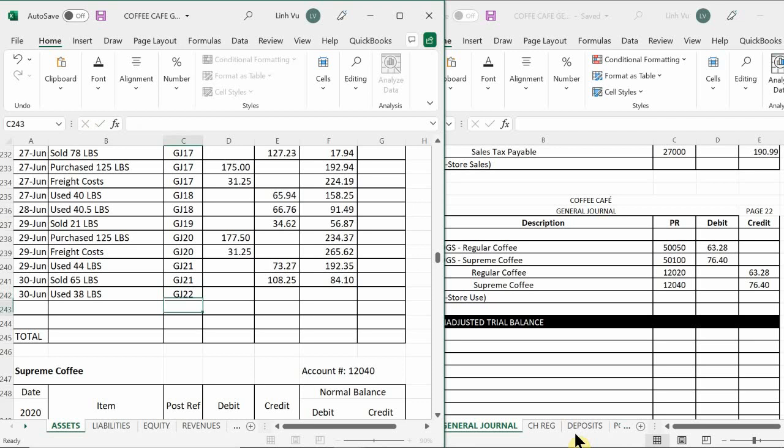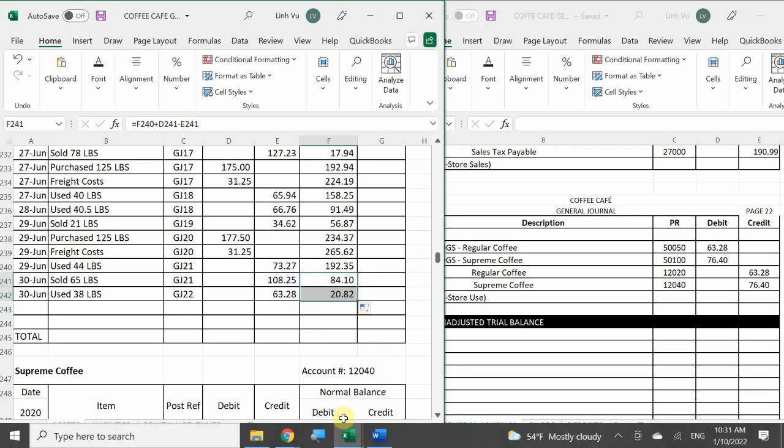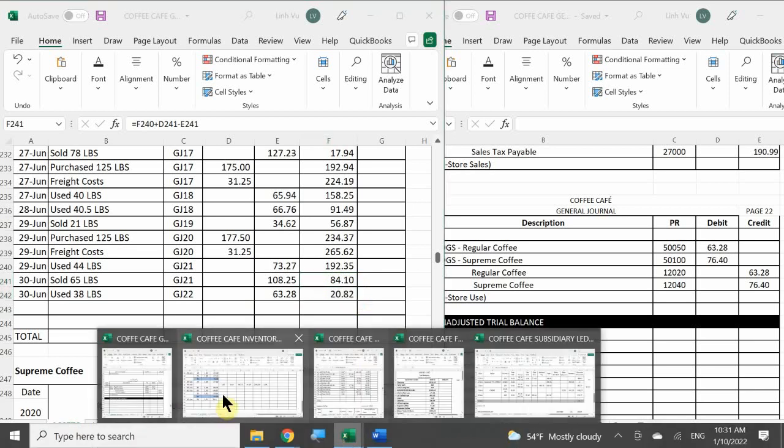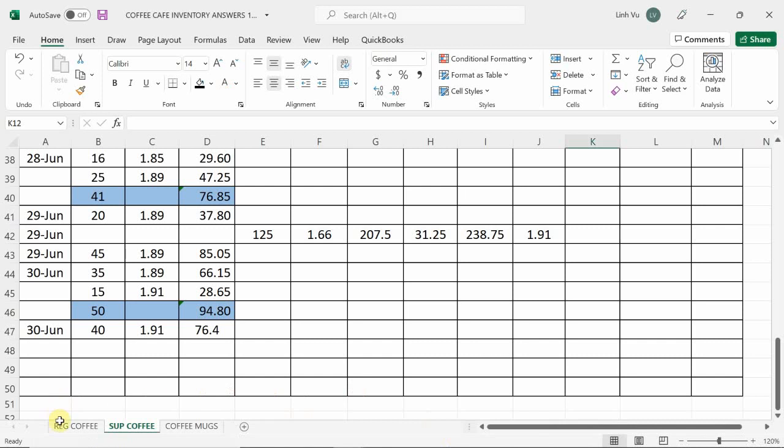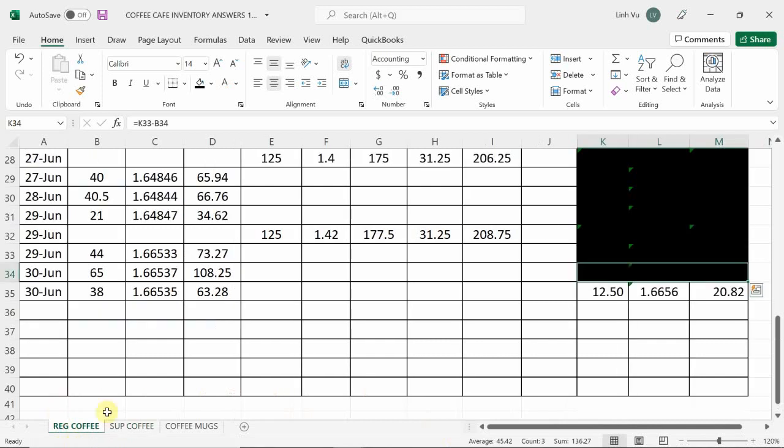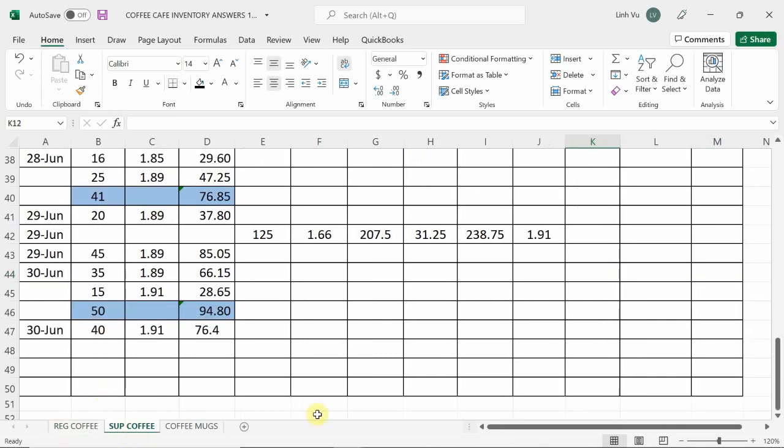General Journal 22 for the 63.28. So how much should be left? 20.82. And I'm gonna check that with my inventory. Yes, we have $20.82 left of my regular coffee. Okay.